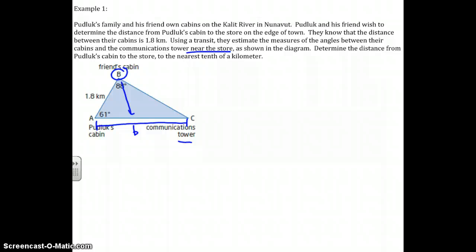Okay, so using sine law, the way we set this up is we look for angles like b and the side across from them. That we can write as a ratio of, so in this case, like sine 88 degrees over b.